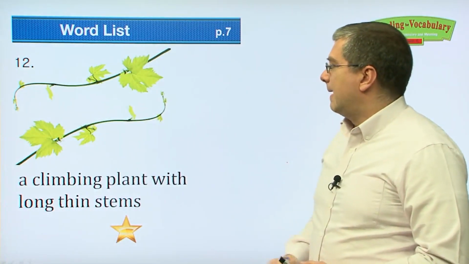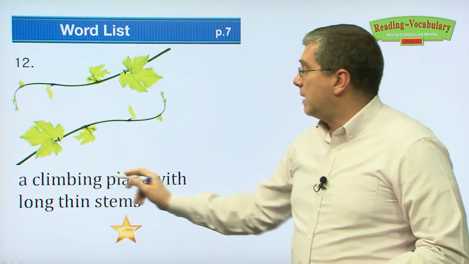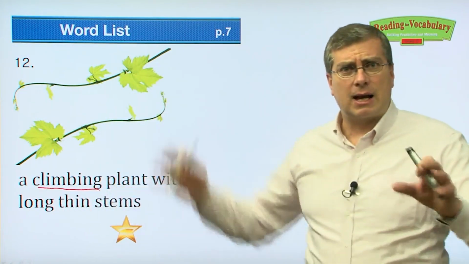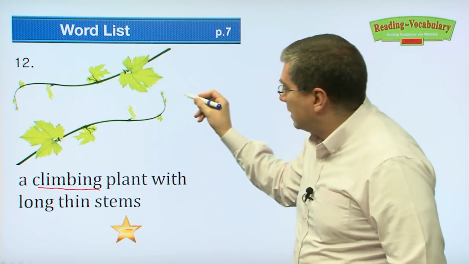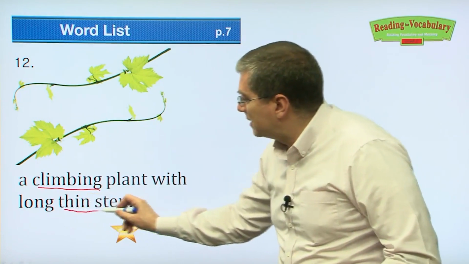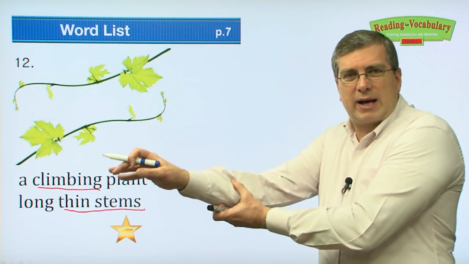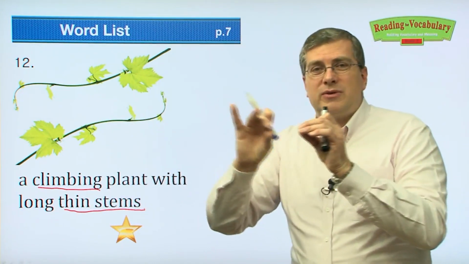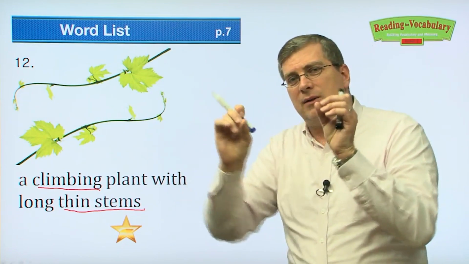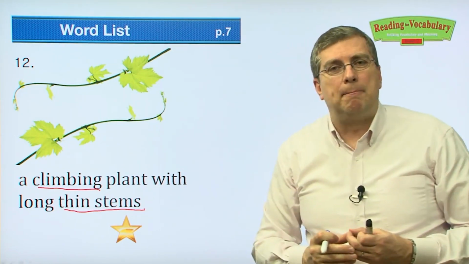Number 12, a climbing plant. This is another type of plant. Climbing plant, what does it mean? A plant that climbs? Yes, because these branches or long, thin stems, right? You can say a branch is like a tree branch. It's very thick. It's very strong. But some plants have arms or branches that are very small and they're not strong. You can bend them. And we call those stems, okay?